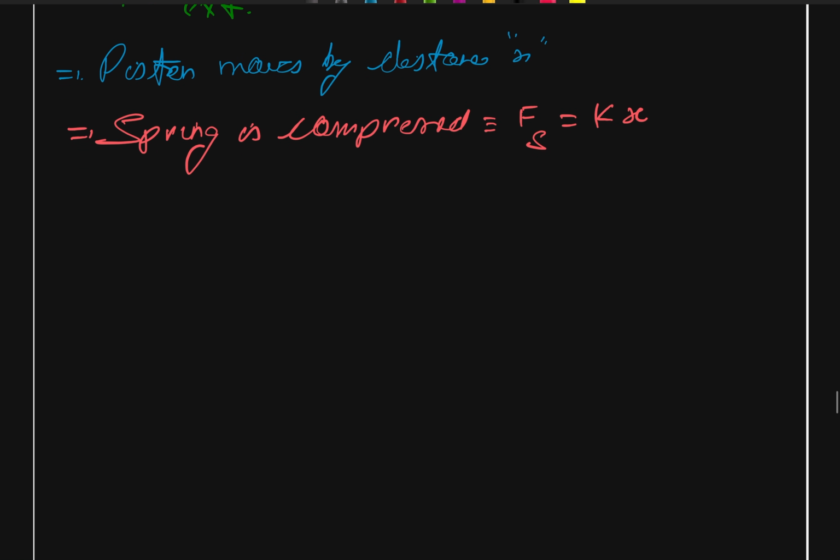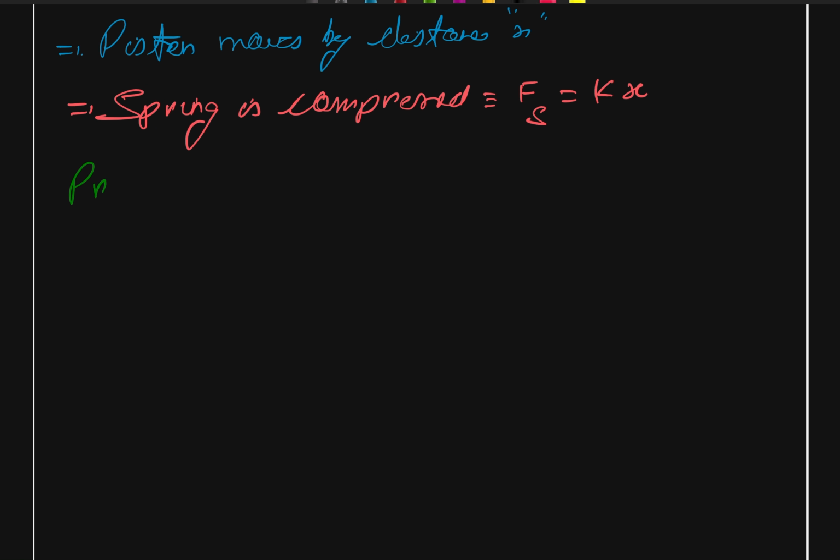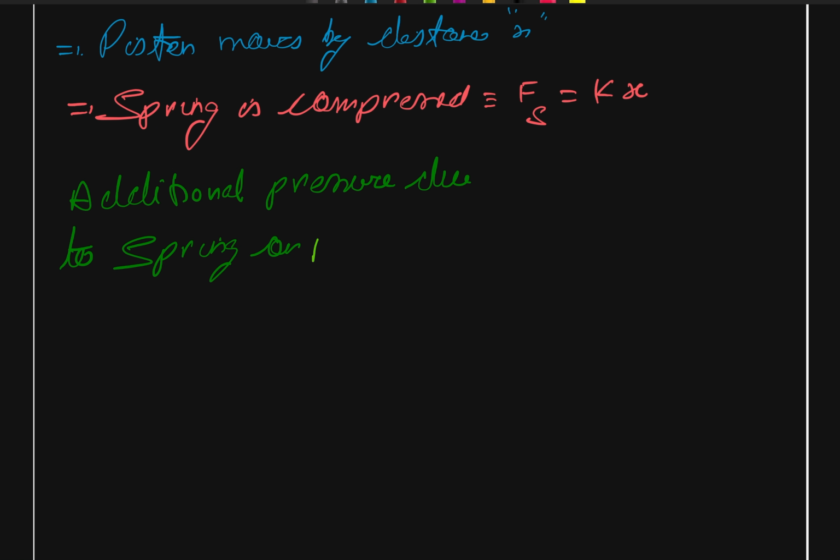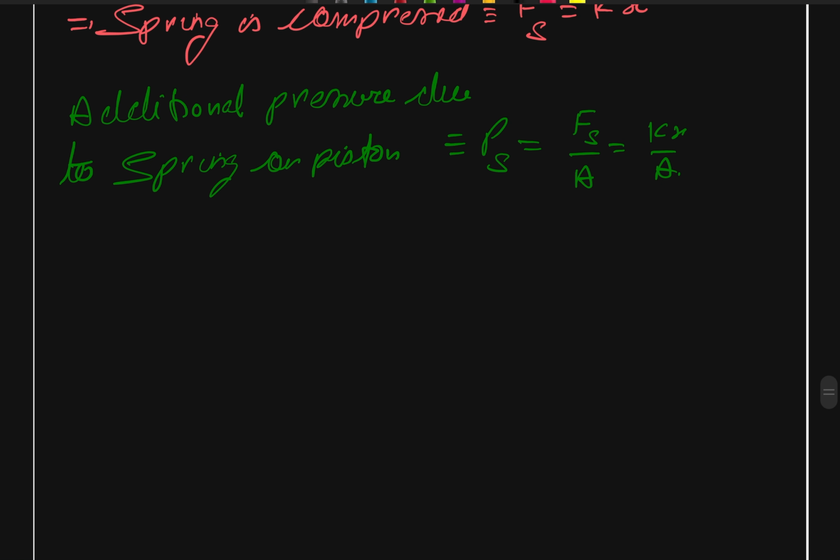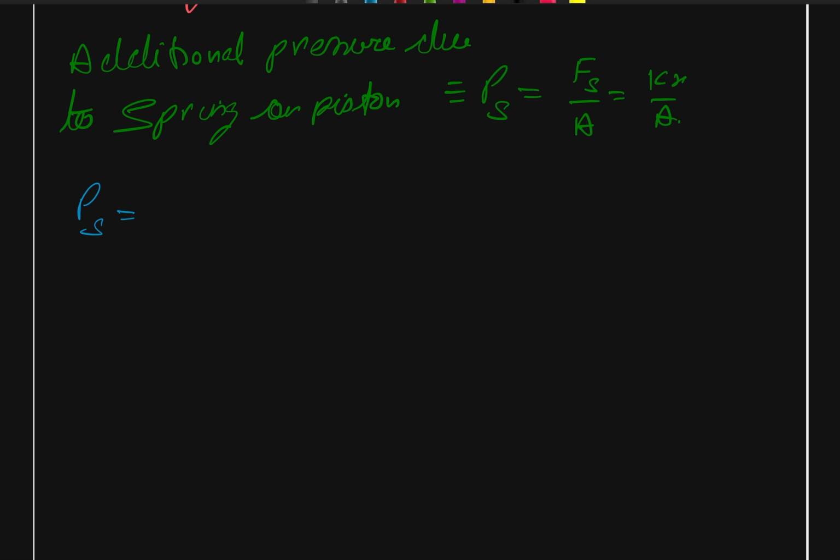So now there will be an additional pressure on the piston due to the spring, which we call P spring, equal to force of spring divided by area, which comes as kx upon A. We already know x, therefore P spring will be equal to k times V2 minus V1 upon A square.